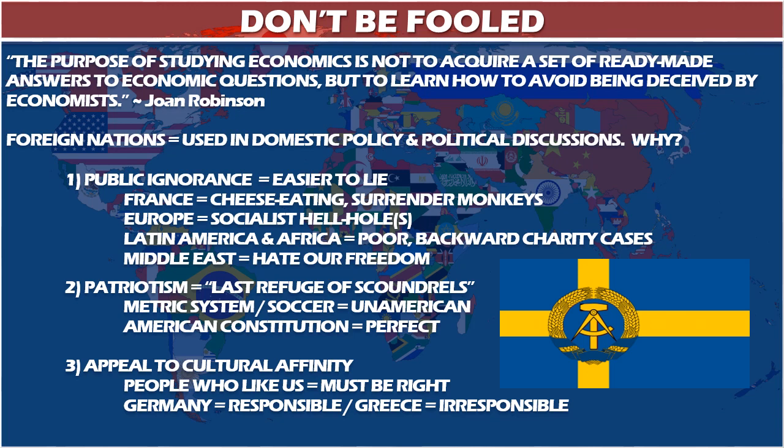Greece has been portrayed as irresponsible, mostly because we have less in common, and Greece is in some ways not on the same level of development as ourselves, and therefore we tend to infer that Greece must have done something wrong and Germany must be doing something right, even though that might not be the case.